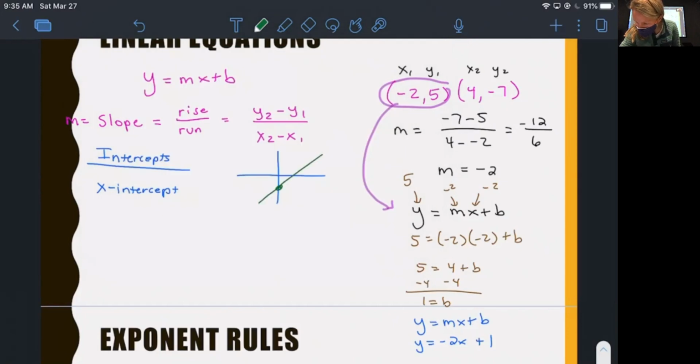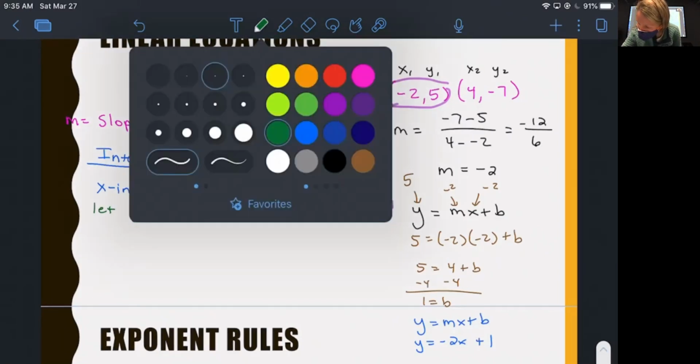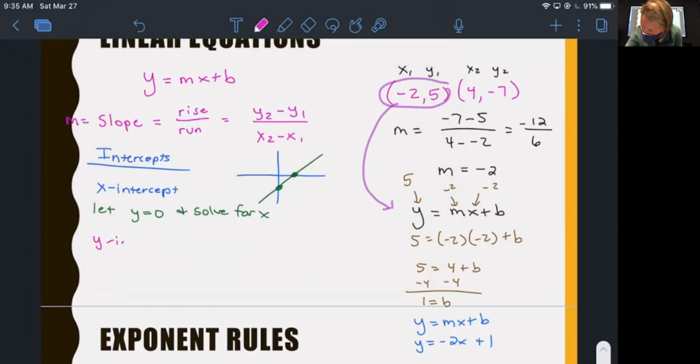Right, your intercepts are where the graph crosses the x-axis and the y-axis. Yeah, you plug in 0 for y. So you're going to let y equal 0 and solve for x. How do you find a y-intercept?